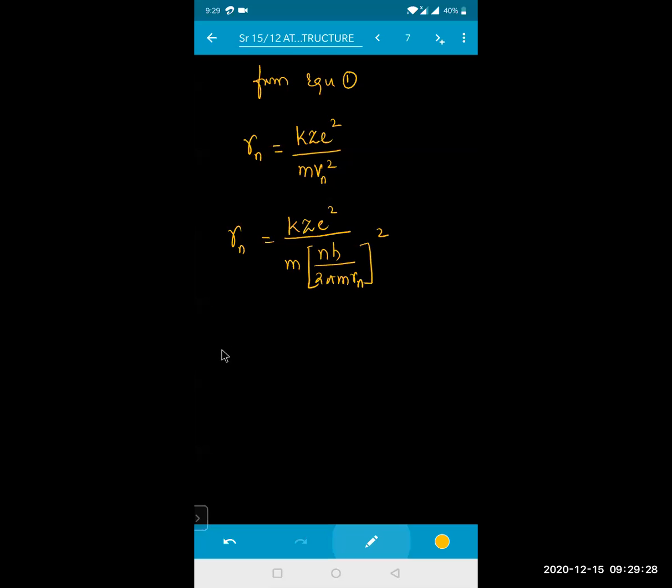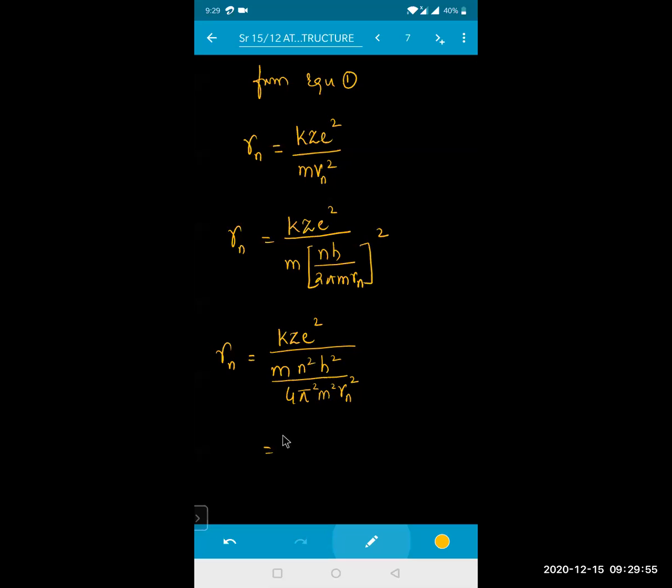So the radius of the nth orbit is equal to k into z into e square divided by, I'm just opening the bracket, m into n square h square divided by 4 into pi square m square into the radius of the nth orbit, that is nothing but Rn square. Okay? So now this total term will go up.